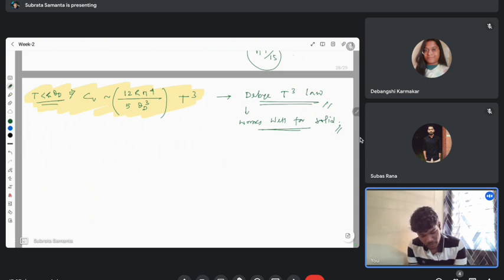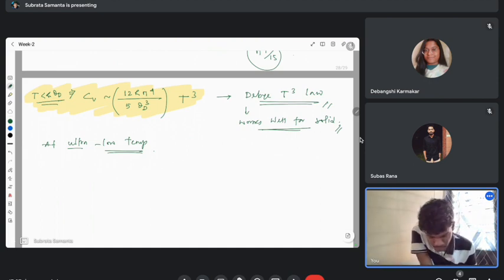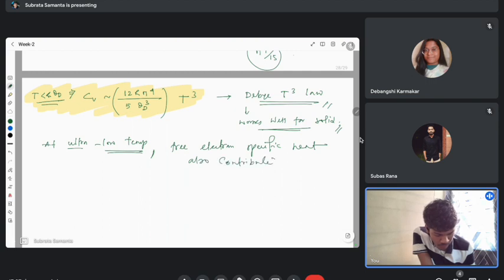So at ultra low temperature, the free electron specific heat also contributes.